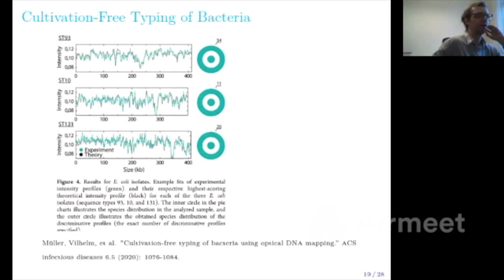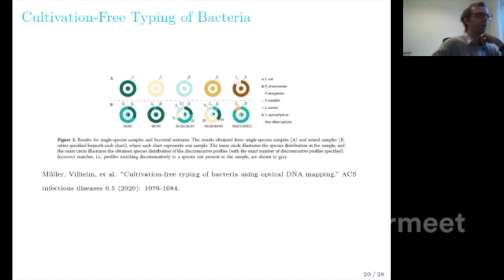In each of these, we had a certain number of barcodes that were imaged using this optical mapping. And we found that in each of these cases, the mappings were discriminative. In the first case it was 34, second 11, and third one 20. So that was quite a nice output. And then there were more complicated things that we were trying out.